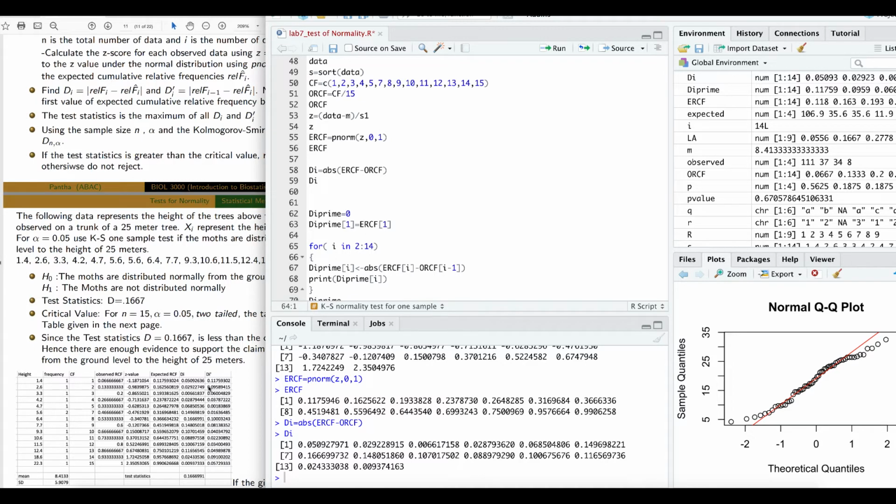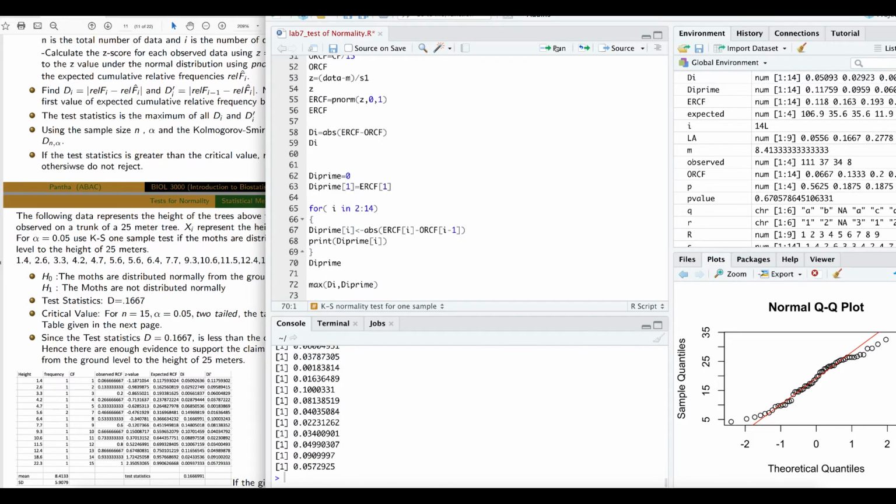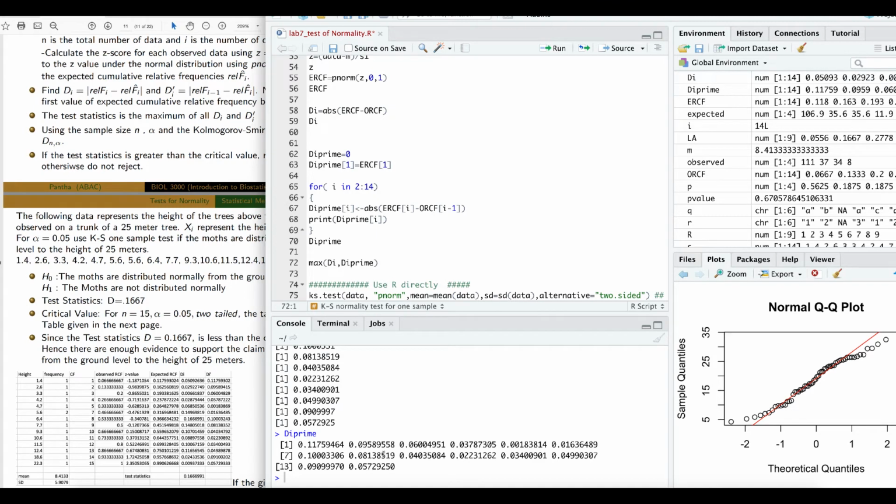From the second, to find the second value of Di prime, you do the second value of expected minus the first value of observed. For the third one, the third value of expected minus the second value of observed. So for Di prime i, for i from 2 to 14, it is expected i minus the observed of the previous one, i minus 1. If you run this and print Di prime, that's what you get.